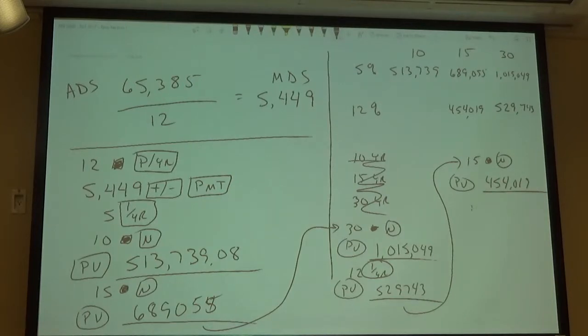And then finally, down to 10 years. $379,798.